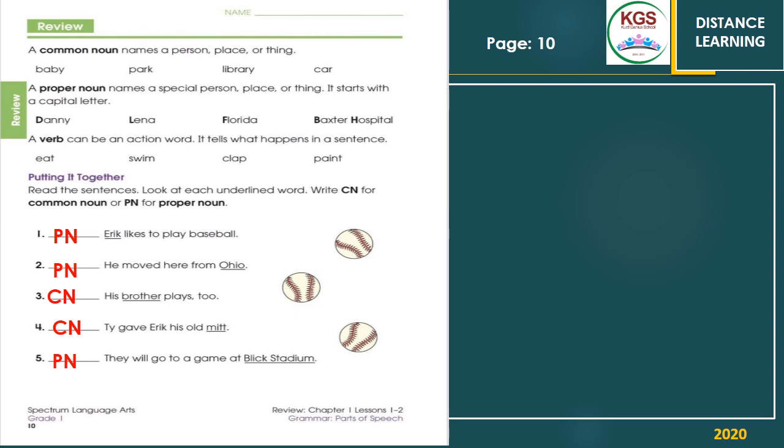It's a proper noun because it talks about a special place, which is Blick Stadium. It starts with a capital letter and we know the stadium. So number 5 is a proper noun. Just write P.